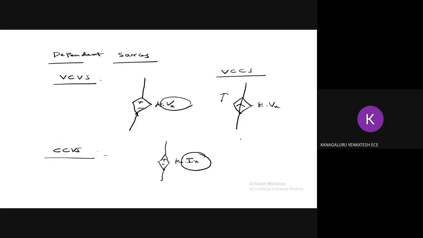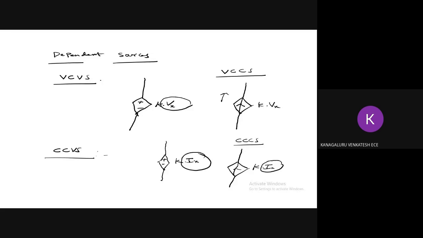Another category, the current controlled current source. So here I can represent the symbol as a current source. The arrow indicates the current direction. So K into Ix. Since it depends on the current, we should represent Ix, where K can take any value.